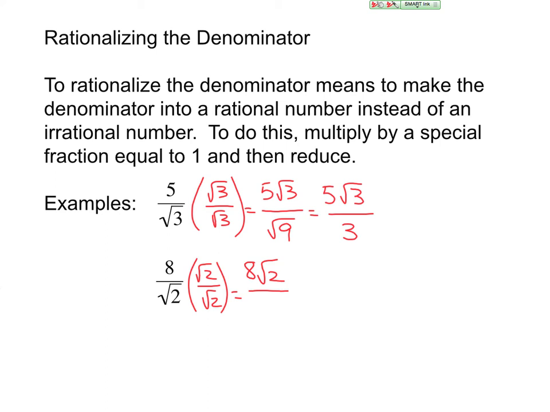And the square root of 4 is plain old 2. Now this one has a little bit of simplifying before we finish. You cannot simplify the square root of 2 and the plain 2, but you can simplify the plain 8 and the plain 2. So 8 and 2 can be divided by 2. So in the end, we get 4 times the square root of 2 as our measure.